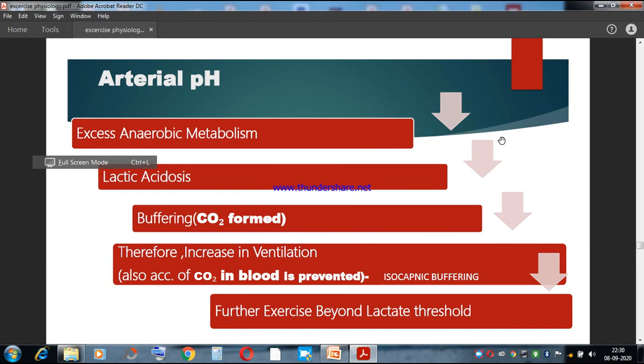So whenever there is an increase in carbon dioxide, there will be increase in ventilation, and this increase in ventilation will try to wean off the carbon dioxide that has been accumulated. So this is known as buffering. The changes in the form of increased carbon dioxide is prevented by increased ventilation.